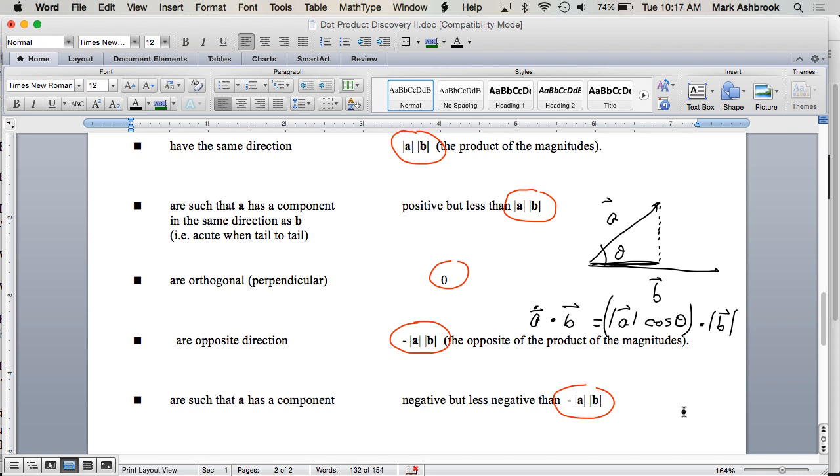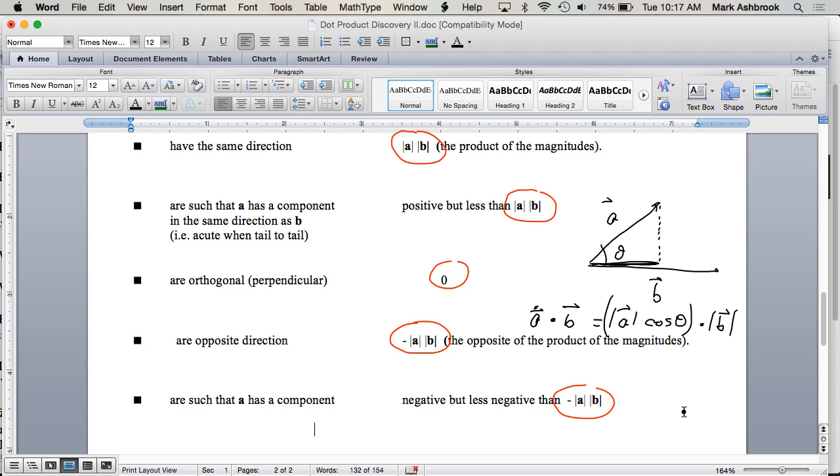The degree to which they're in the same direction is the percent of the product of the magnitudes that you take. If they're not in the same direction at all, it's 0. If they're veering towards opposite directions, it's going to be negative, but less than the maximum negative, which would be the opposite of the product of the magnitudes.